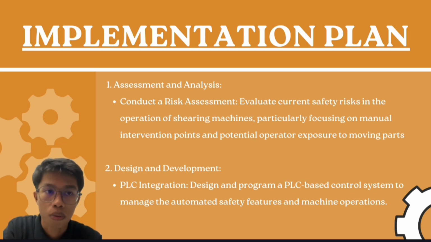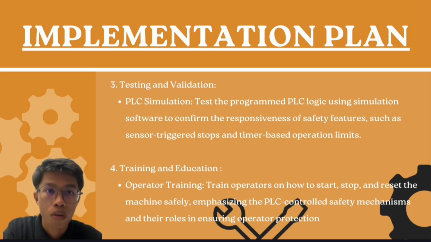Design and program a PLC based control system to manage the automated safety features and machine operation. Third one, testing and validation. PLC simulation. Test the programmed PLC logic using simulation software to confirm the responsiveness of safety features such as sensor triggered stops and timer based operation limits.